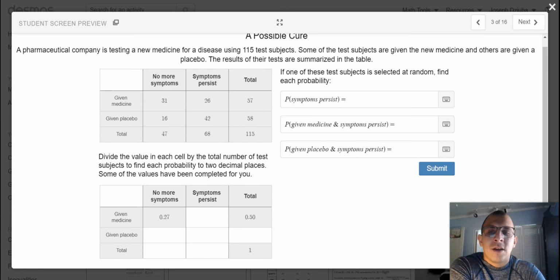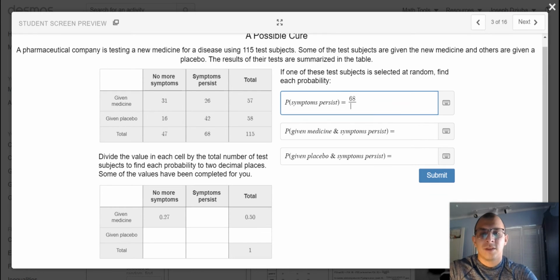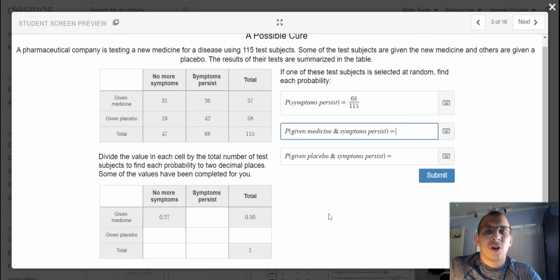So first things first, if one of the test subjects is selected at random, find each probability. The probability that the symptoms were persisting: there were 68 total people out of 115. Then determine the probability of selecting somebody that's been given the medicine and their symptoms persist, and that's been given the placebo and their symptoms persist.